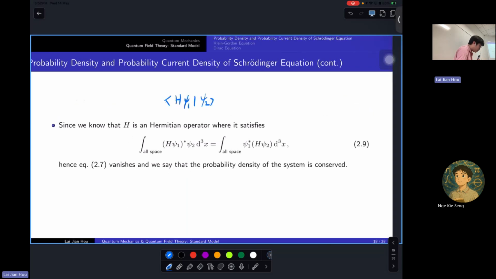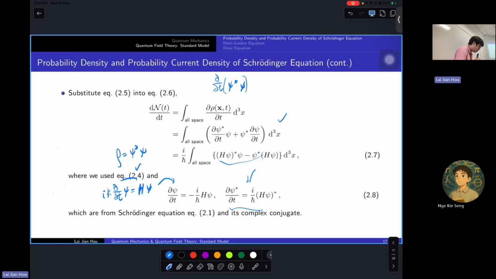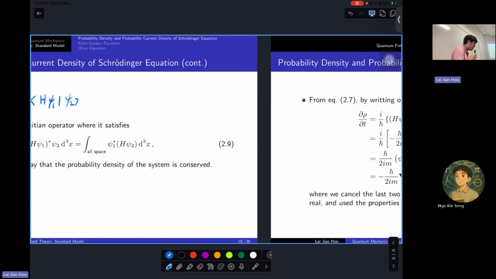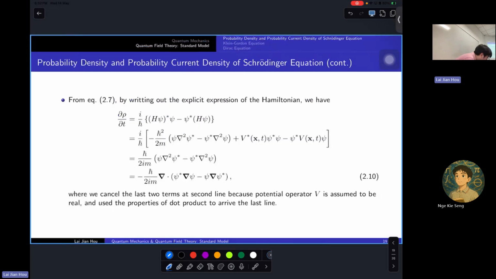And if we further explore equation 2.7 here, let's write down the full form of the Hamiltonian operator. When we express it as the kinetic energy part and also the potential energy part, the kinetic energy part gives us p squared over 2m, where p is the momentum operator and m is the mass, plus V. We substitute this Hamiltonian operator into the equation here.